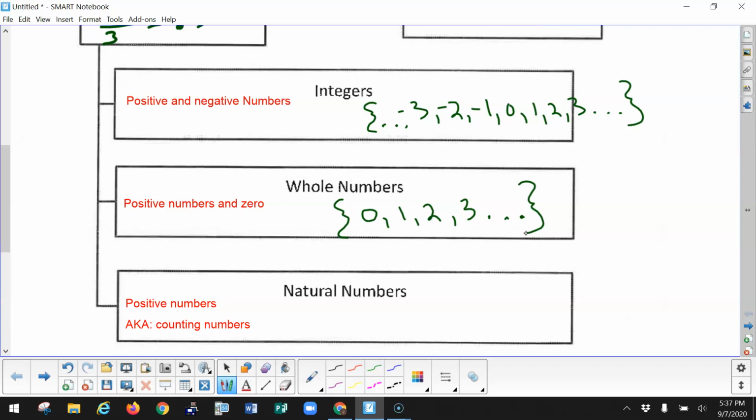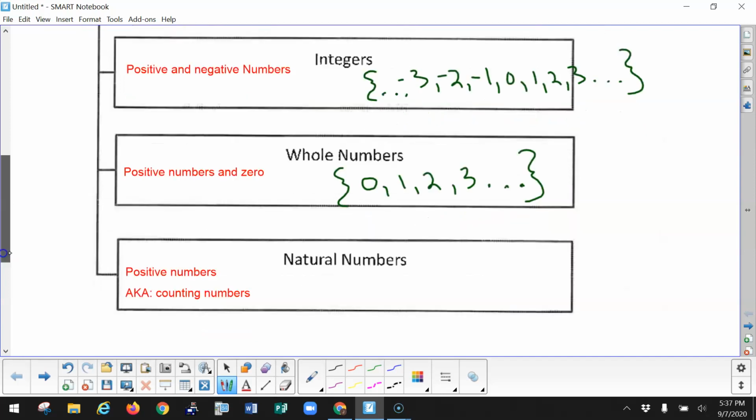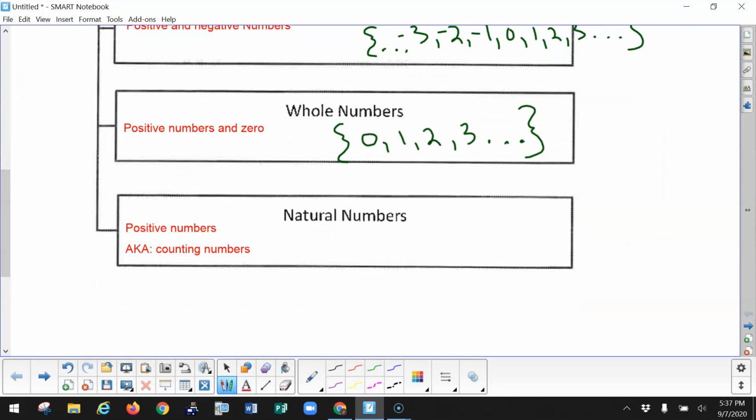And then the last one, these are our natural numbers. These are just our positive numbers, otherwise known as our counting numbers. If you were going to start counting, you would start at the number 1. You would not start at 0. So your natural numbers do not include 0.